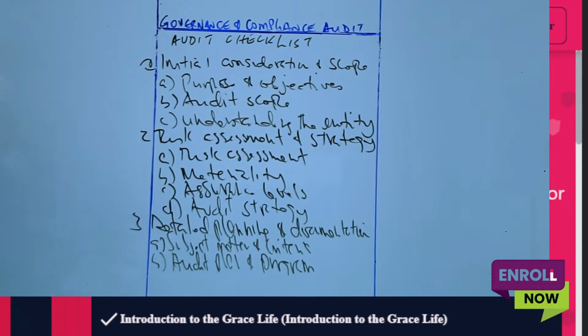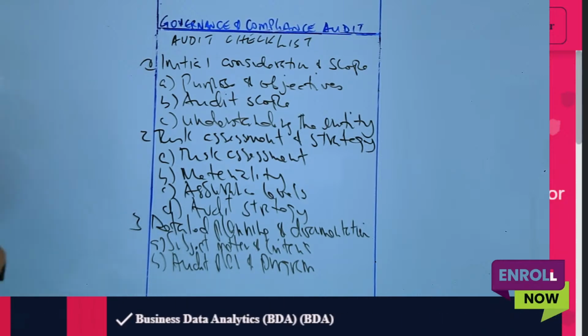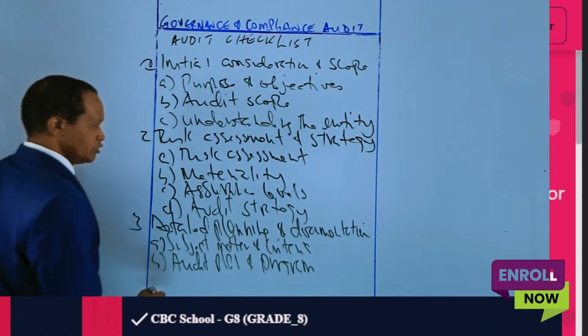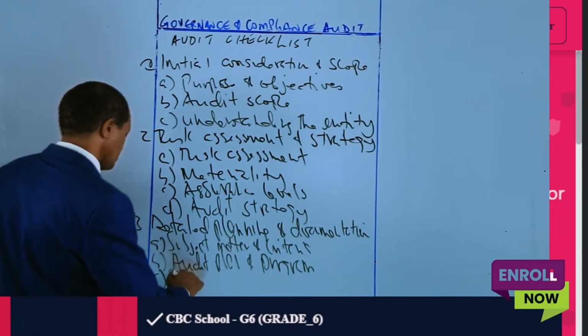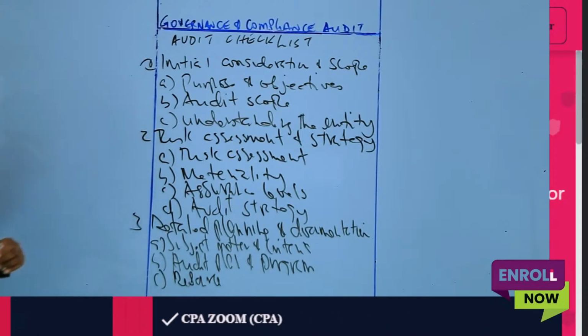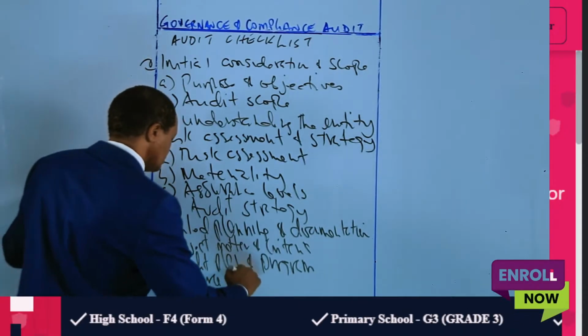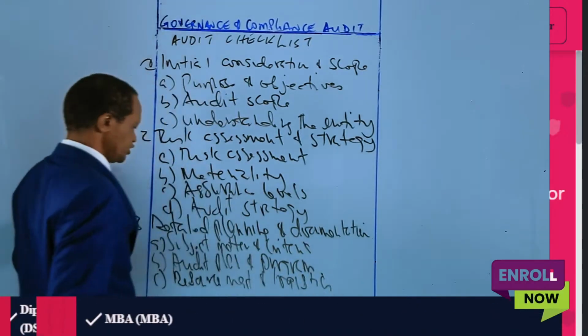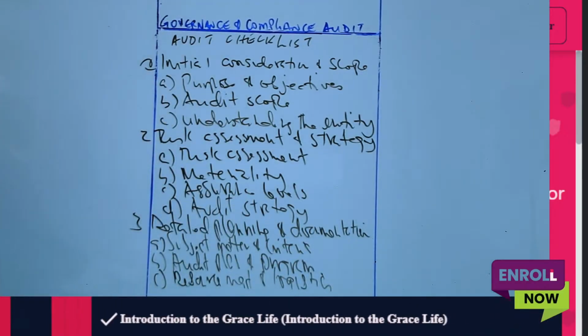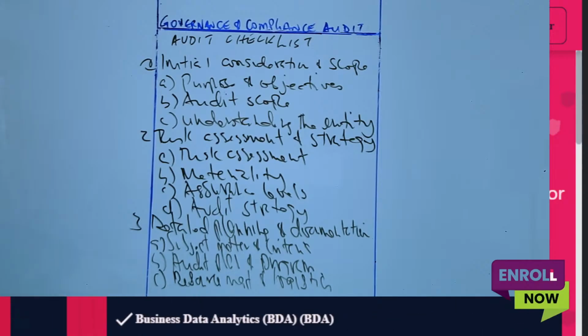Then, of course, we have the resource allocation. There is the aspect of resource, let me call it resource management. Resource management and logistics: have the necessary resources like personnel, budget, and technology been allocated?